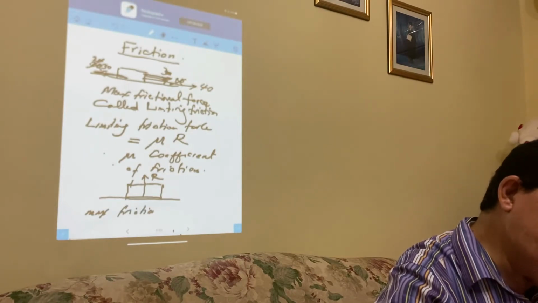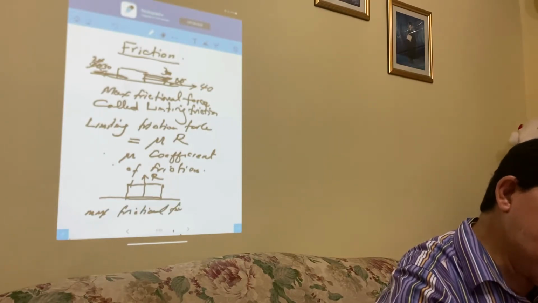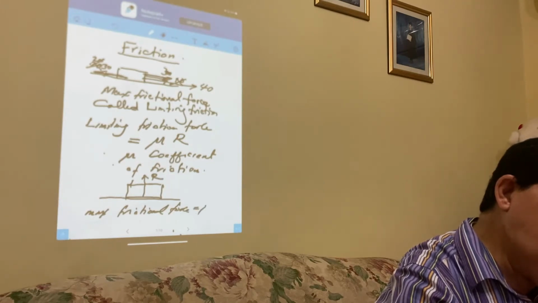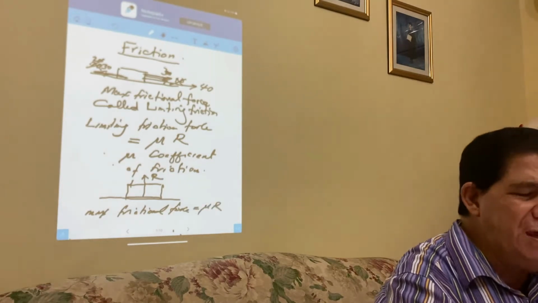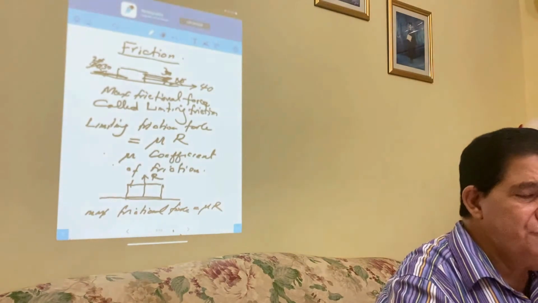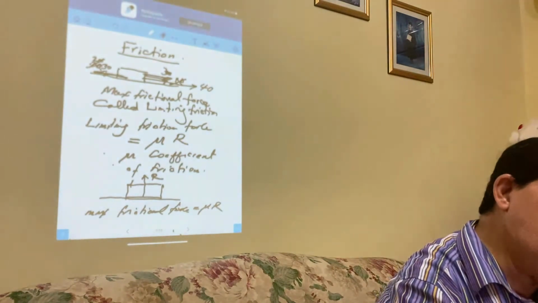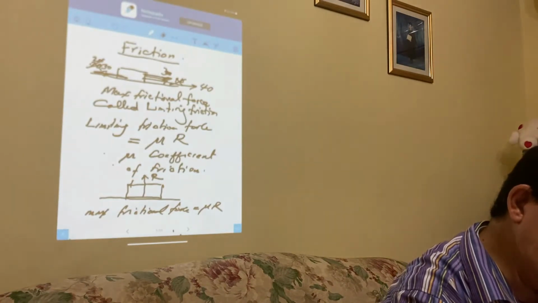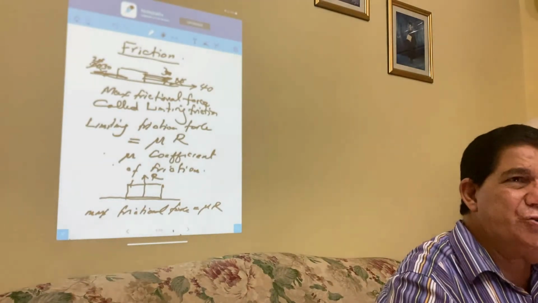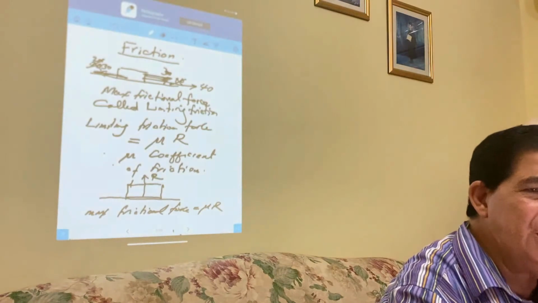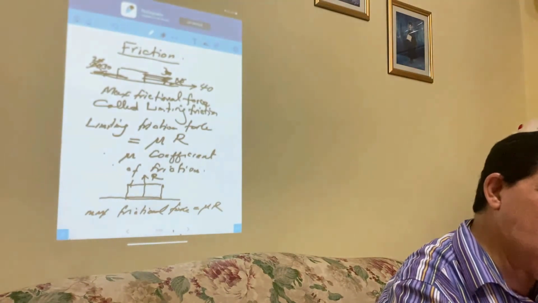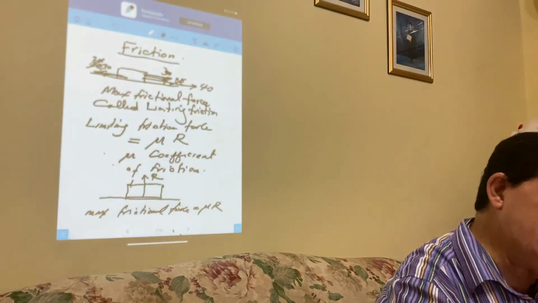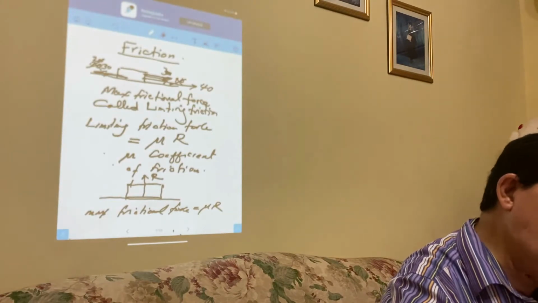The maximum frictional force equals mu R. Mu will be given to us. If I pull with a force less than this value, then the friction will be just equal to what I pull with. Let us have this with numbers.